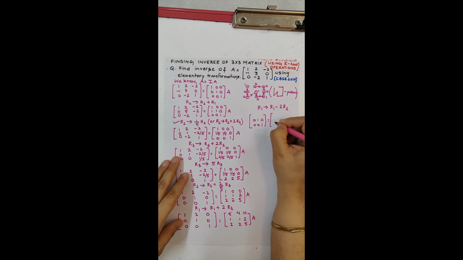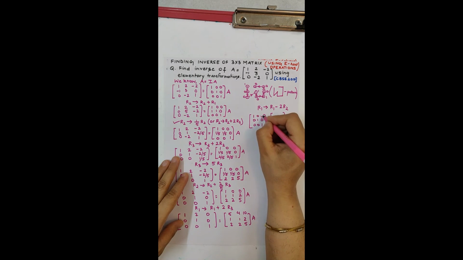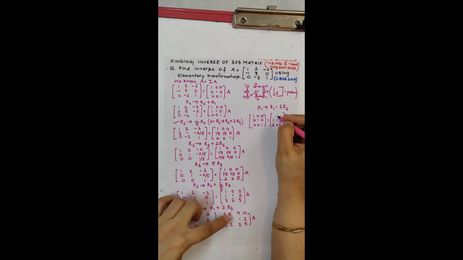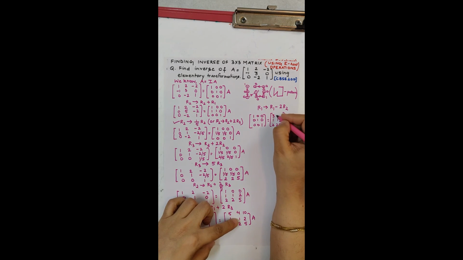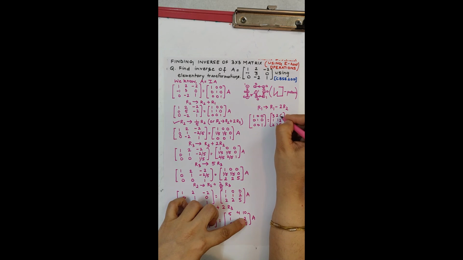On the right hand side we have 1, 1, 2, and then 2, 2, 5, and then this getting multiplied with the matrix A. So on applying this operation, this row now becomes 1 and then 0 and then 0. Here on the right hand side we will have 5 minus 2, that's 3, and then 4 minus 2, that's 2, and then 10 minus 4, that's 6.